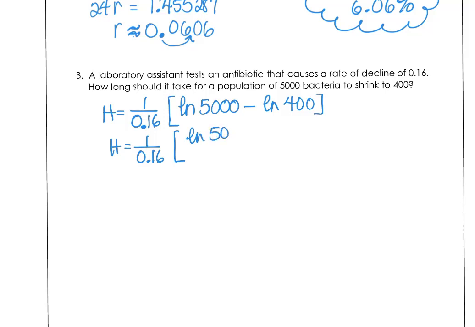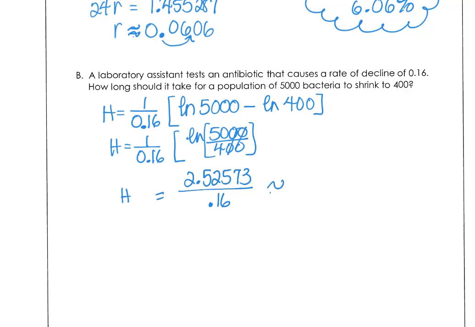So natural log of 5,000 divided by 400 would be 12.5, which is about 2.52573, and we're going to divide that by 0.16 to get the hours. So that's about 15.786 hours.